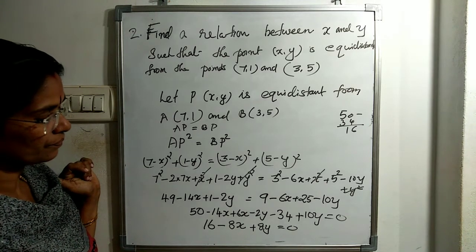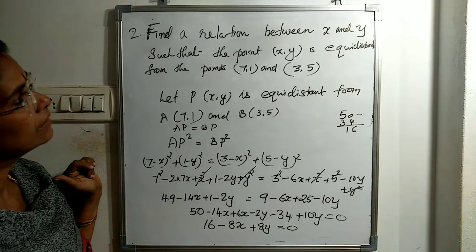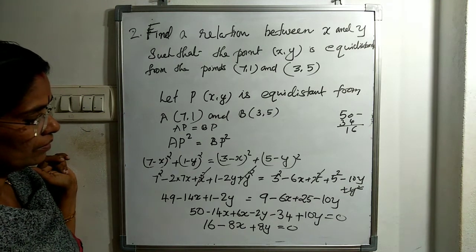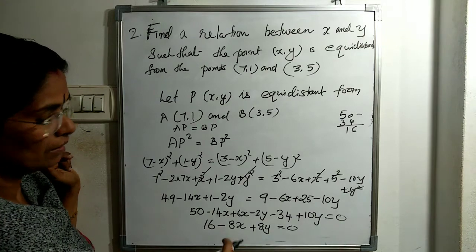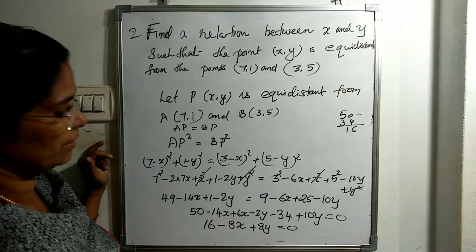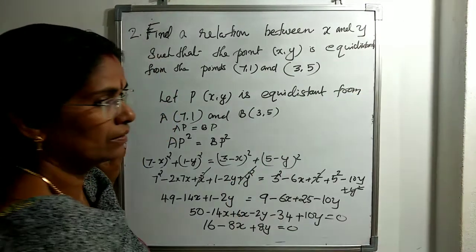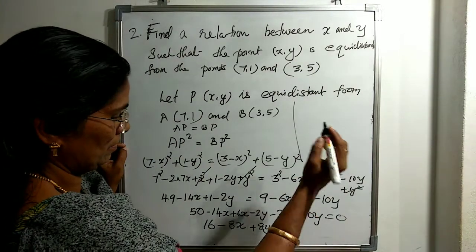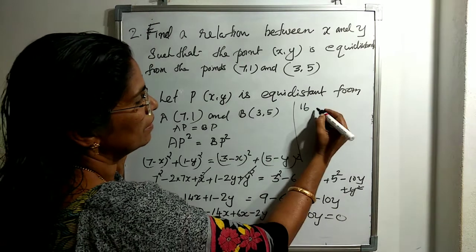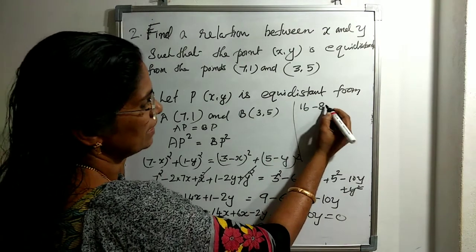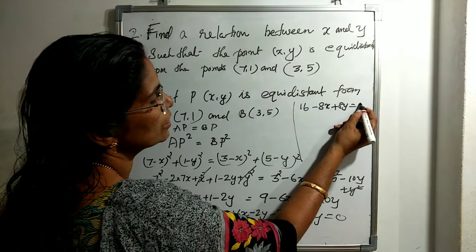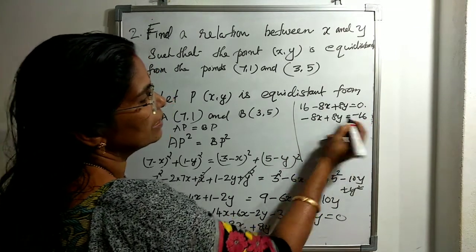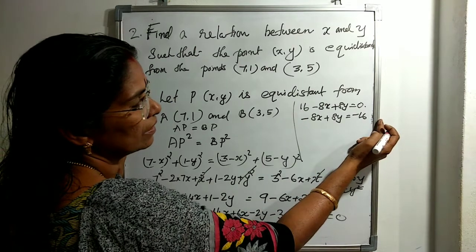So here we need the relation between x and y. So we can take the constant on the right side. Now look here on the last part: 16 minus 8x plus 8y equal to 0, or minus 8x plus 8y equal to minus 16. This we are taking on the right side.